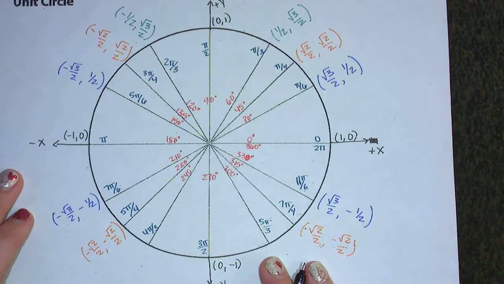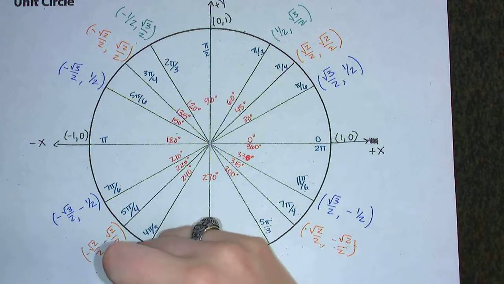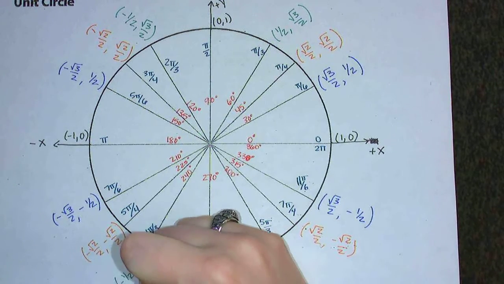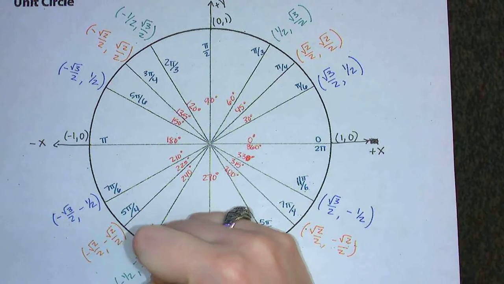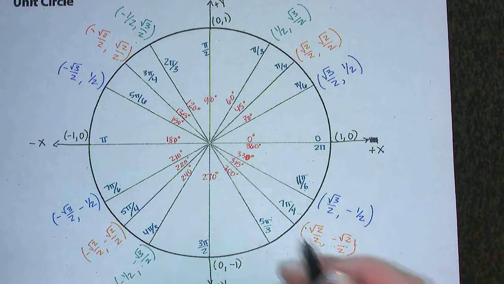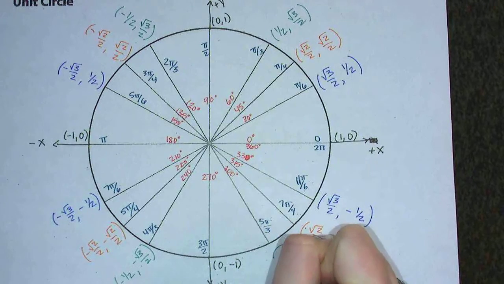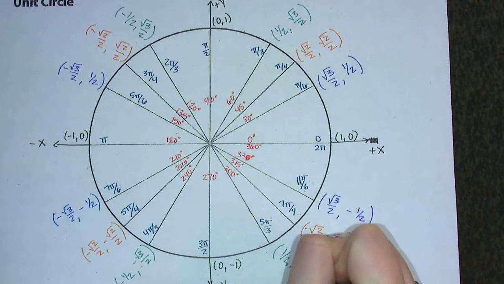Following around, down to 4 pi over 3: negative 1/2, negative root 3 over 2. At 5 pi over 3: 1/2, negative root 3 over 2.